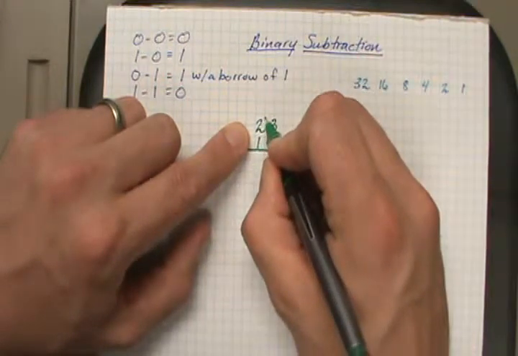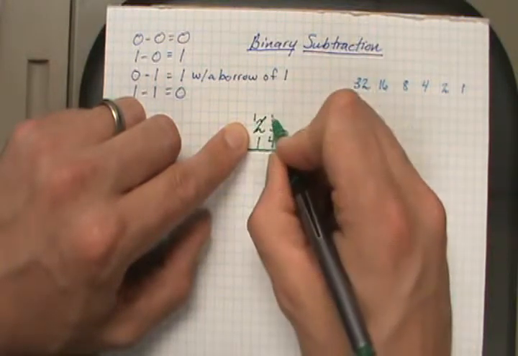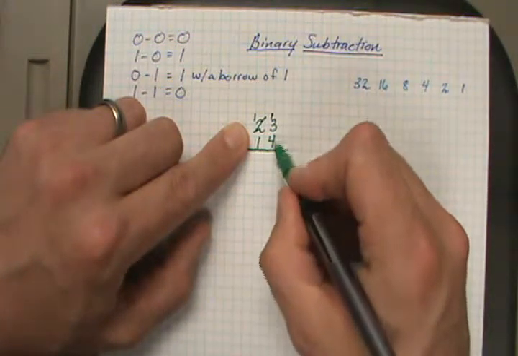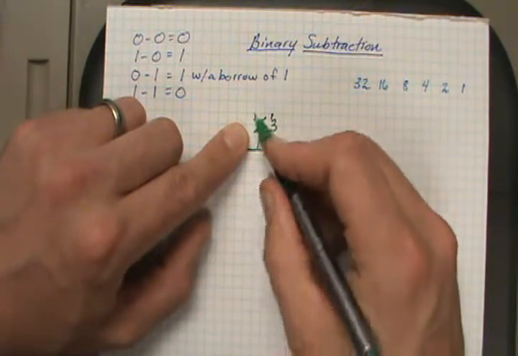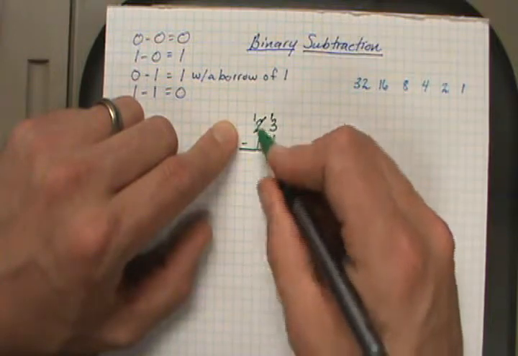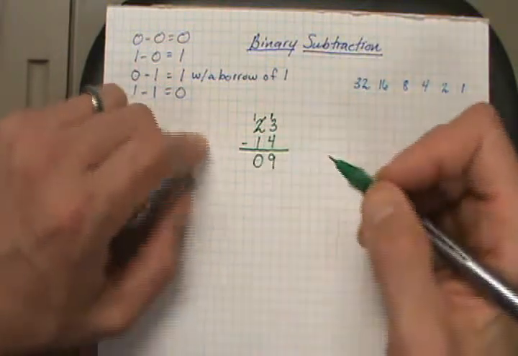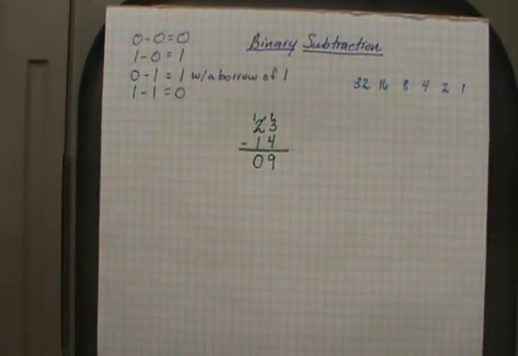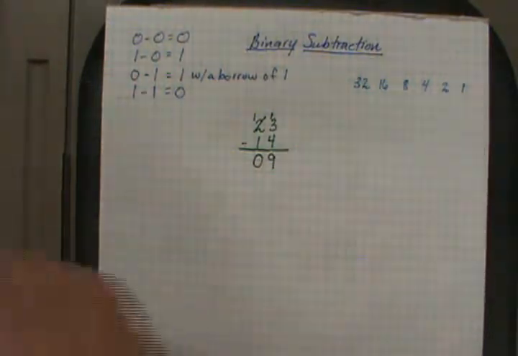So we make that a 1 and we bring this over as a 13. So 13 minus 4 will equal 9. 1 minus 1 was 0. So this is basically the same principle we're going to apply on the binary side of things. But as far as subtraction goes, let's keep it fairly generic.